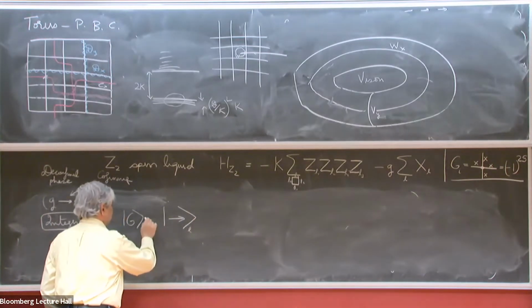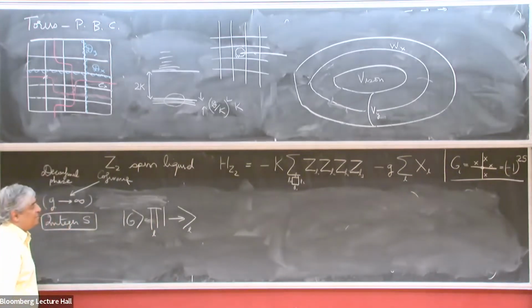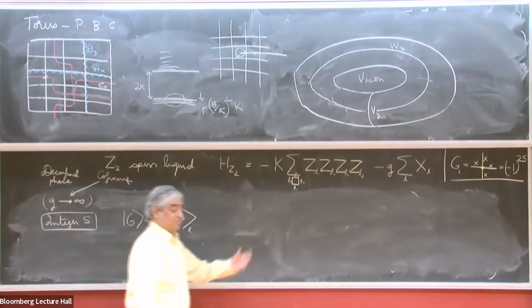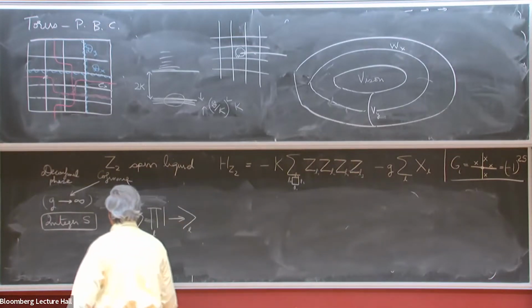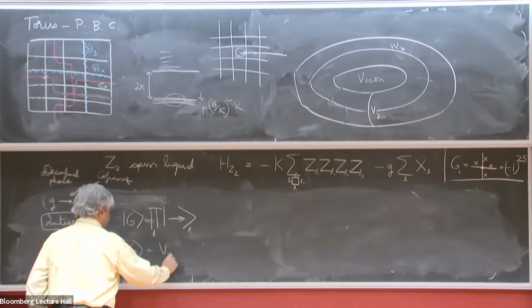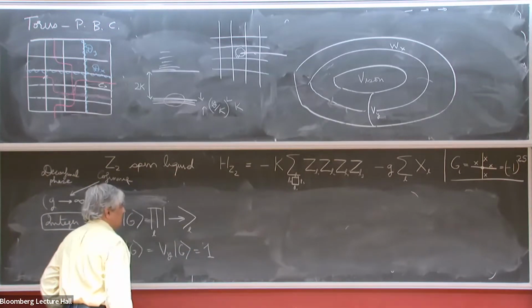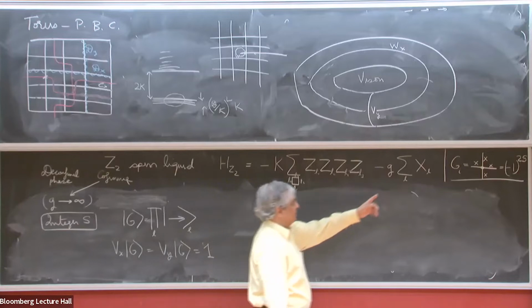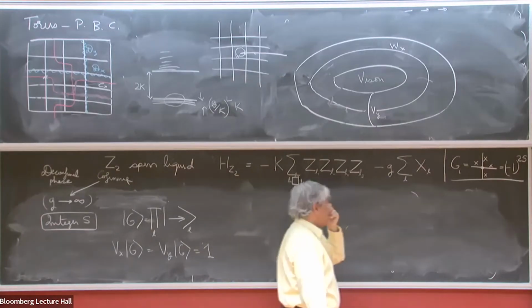A product over links, it's exactly that state. And unlike the g = 0 eigenstate, this is also an eigenstate on a torus. It's an eigenstate of Vx and Vy. So Vx equals Vy, which is equal to 1, because the eigenvalue of the X operator has to be exactly 1 when g goes to infinity.